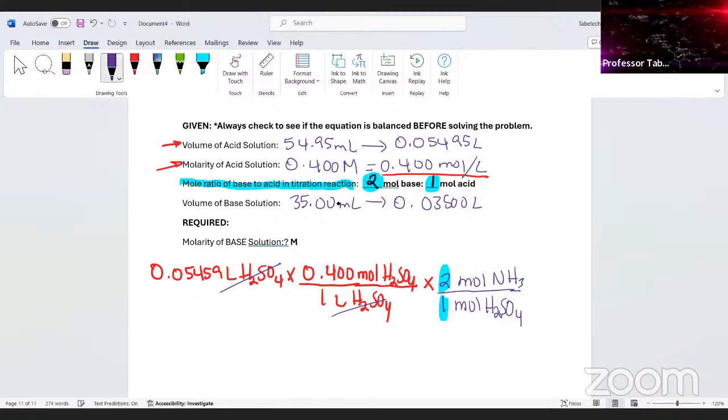Okay. Again, we're going to cross out the moles of H2SO4. And then I'm going to go ahead and multiply everything out. So 0.05459 times 0.400 times 2.